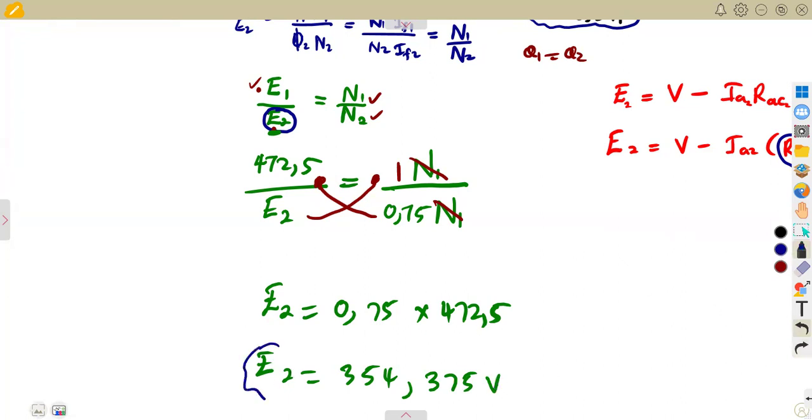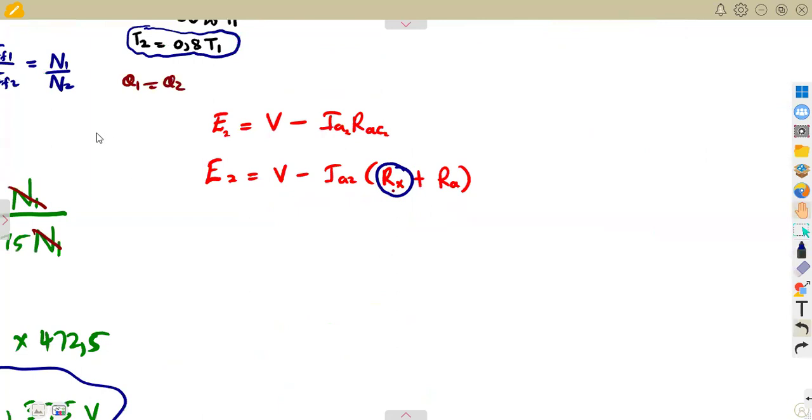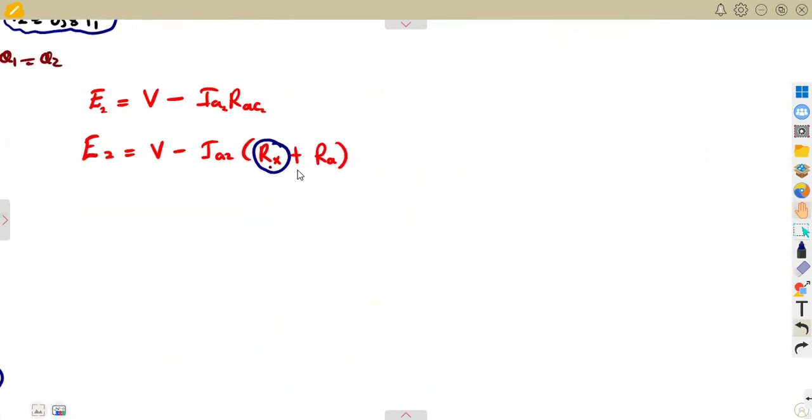All right. So this E2, remember the purpose. Remember what I said here about E2. With the E2, you can calculate Rx, which is the unknown resistance connected in series to the armature. Because we have got the generated EMF of this part.